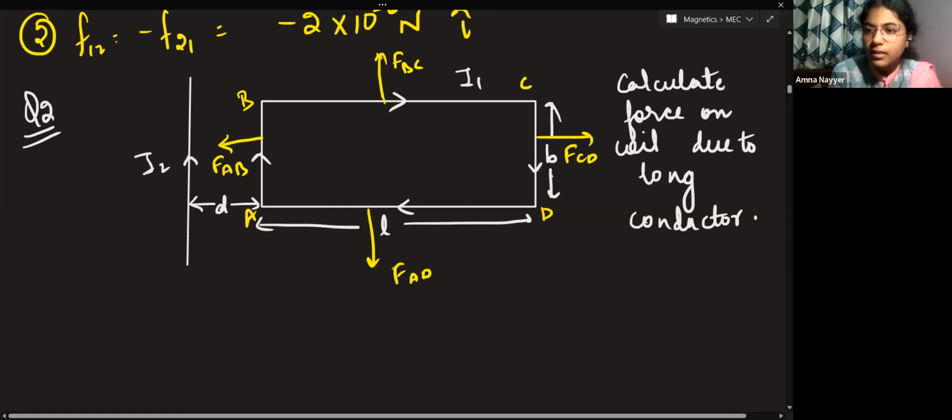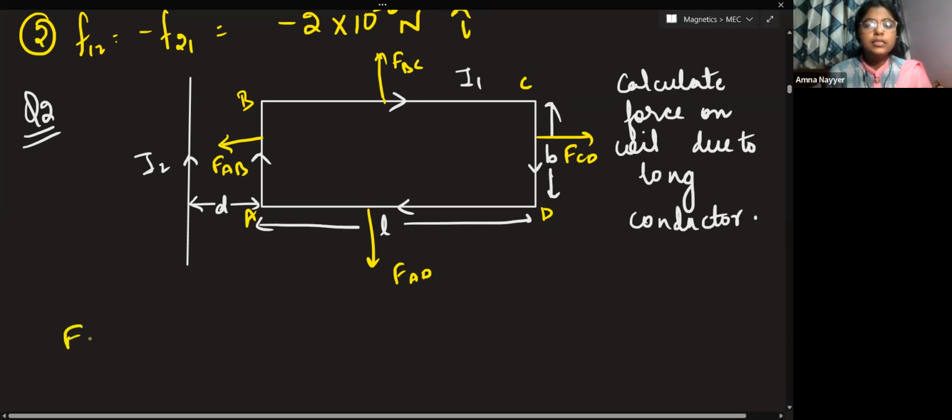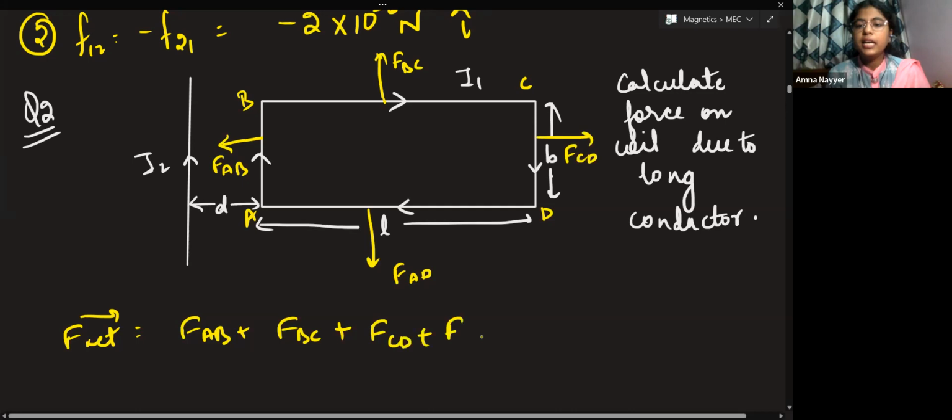Now, if you look at this carefully, FBC and FAD are at the same separation. Whatever the magnitude of FBC, that will be the same magnitude of FAD, so we are not even calculating that. So the net force becomes FAB plus FBC plus FCD plus FDA.